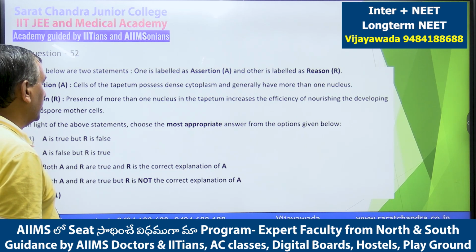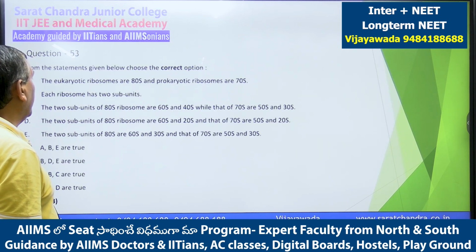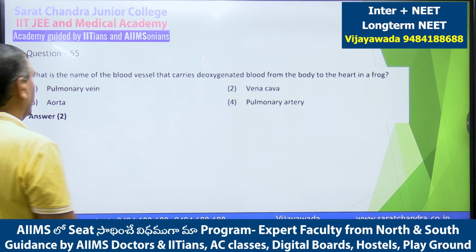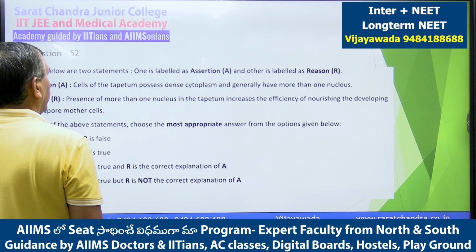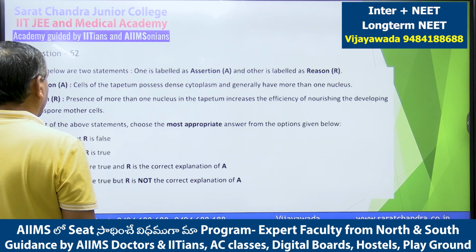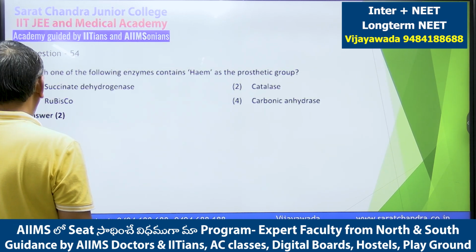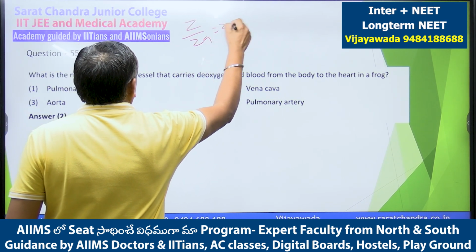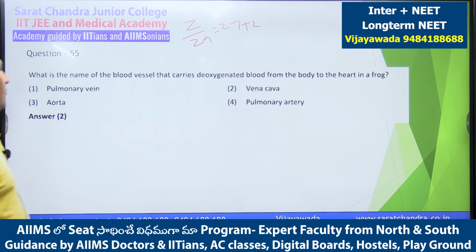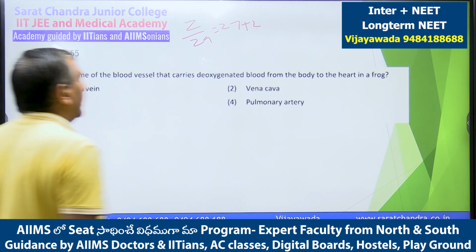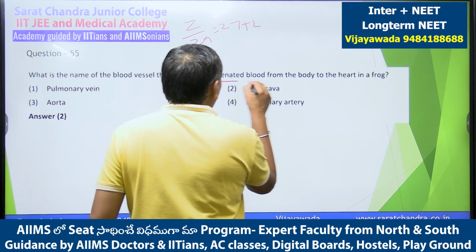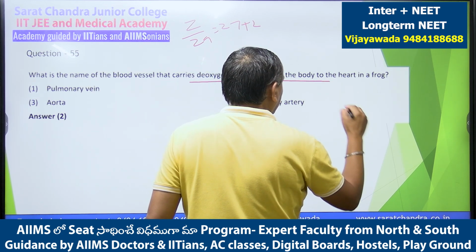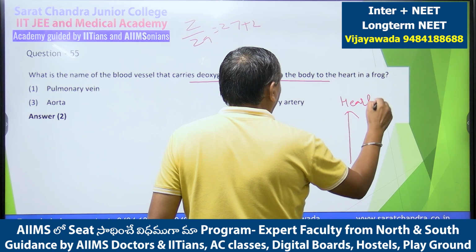Zoology 28 is already solved. Now coming to Zoology question number 29, 27 plus 2. What is the name of the blood vessel that carries deoxygenated blood from the body to the heart in a frog?